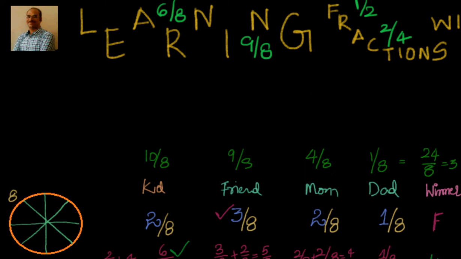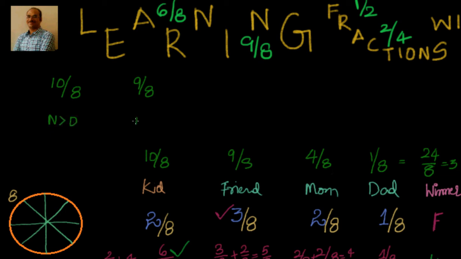Now let's try to understand different types of fractions. You can see here, can you tell me what's the difference between 10 by 8 and 9 by 8? Do you see any difference? Yes, you are right. In both of these fractions, the numerator is greater than the denominator.